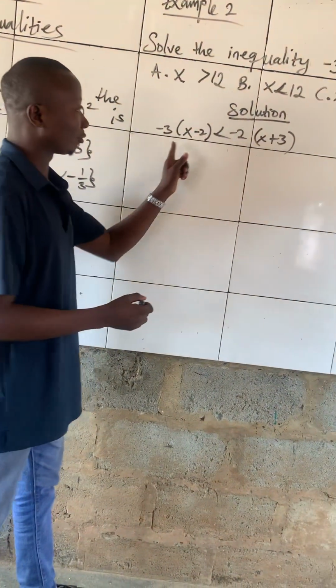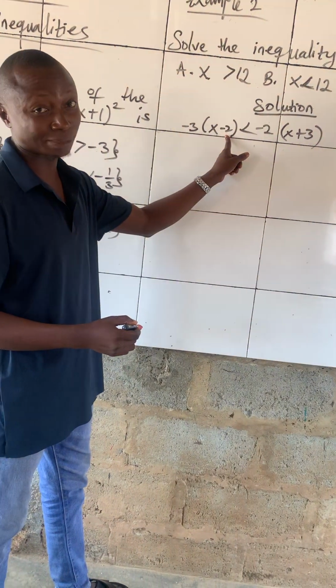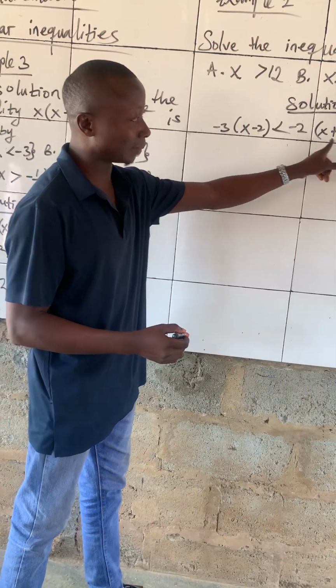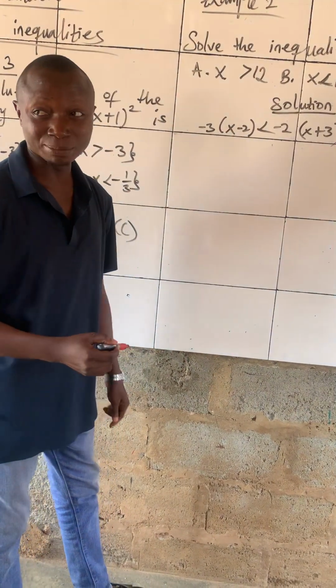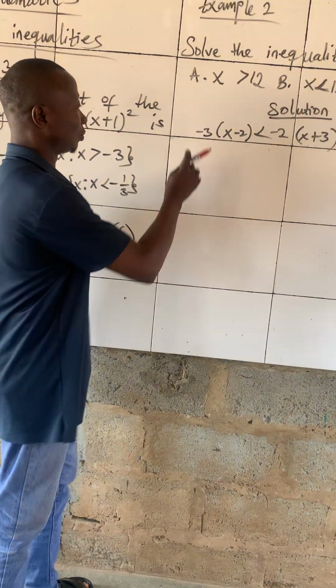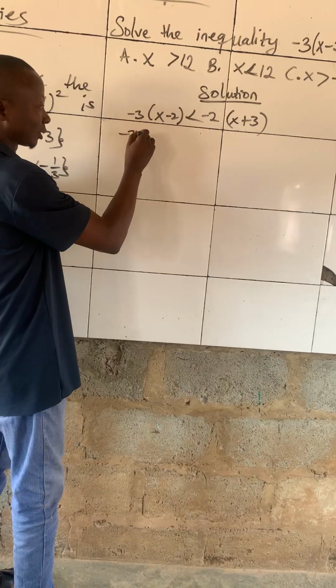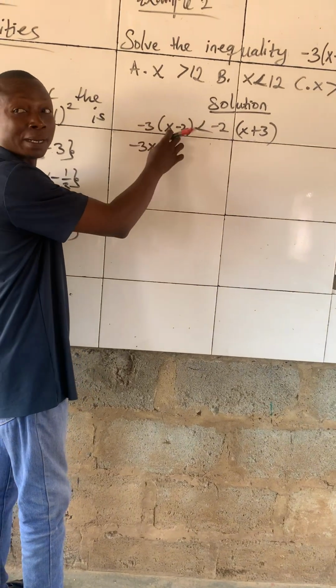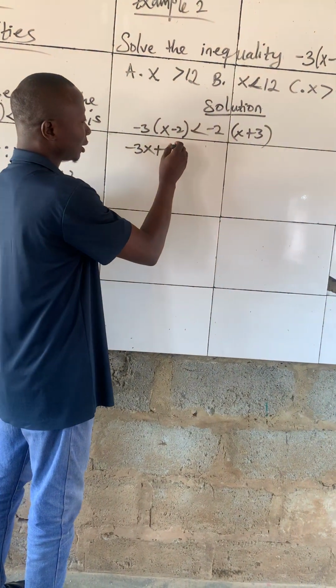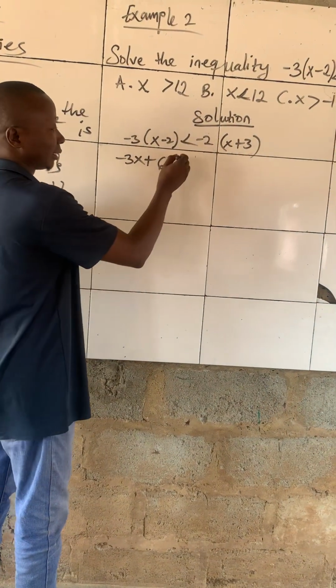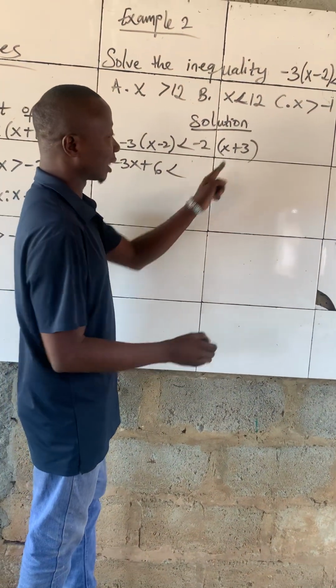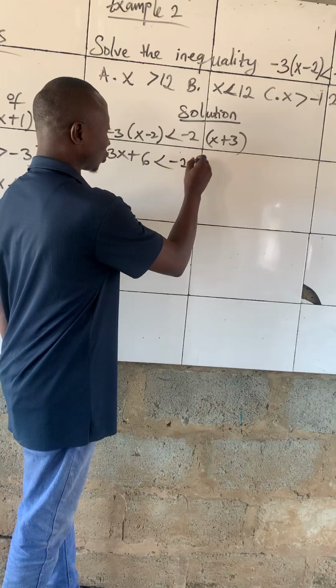So we have to multiply out. x - 2 are unlike terms, they cannot be subtracted. Similarly, x + 3 are unlike terms, they cannot be added. So let's multiply out the brackets. -3 times x is -3x. -3 times -2 is plus 6. Then less than, -2 times x is -2x.